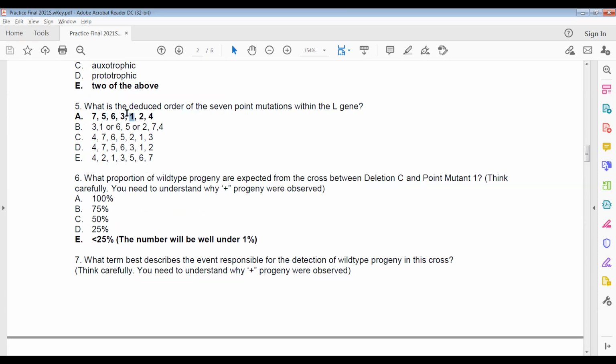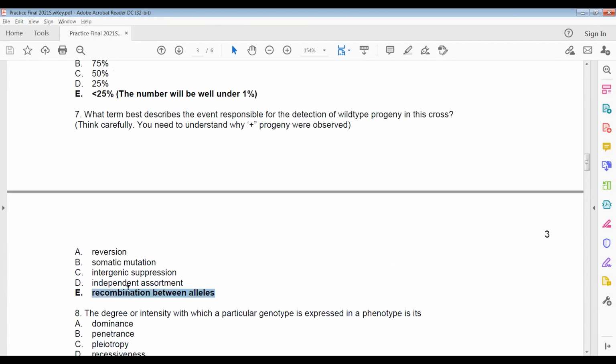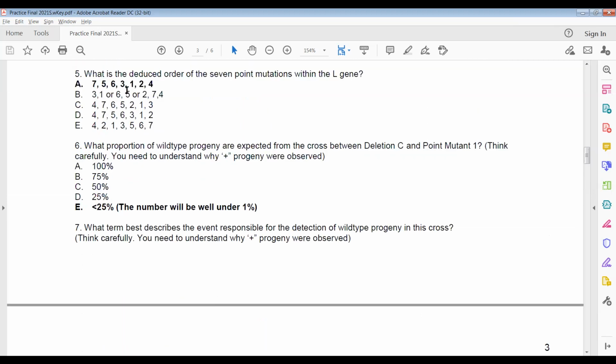If there's a crossover recombination between positions 1 and 3, then there's a chance that some progeny will have an intact L gene, so that progeny can grow by itself on the minimum medium. I hope it is clear. So this is the answer for number 7: recombination between the alleles. The 2 alleles, one is the deletion allele, the other one is the point mutant 1 allele, right?